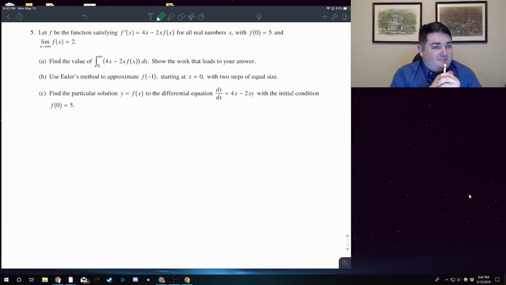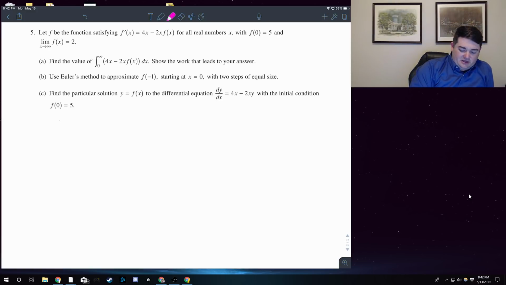A, find the value of the integral from 0 to infinity of 4x minus 2x f of x dx. Show the work that leads to your answer. My gut reaction is I'm going to split this into 2 improper integrals. 4x is simple enough.